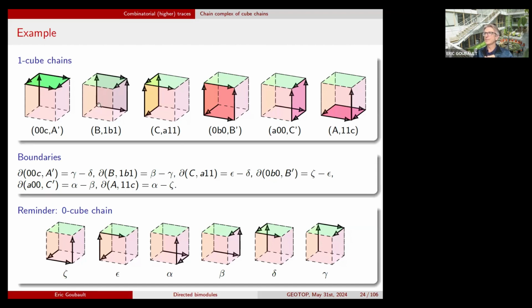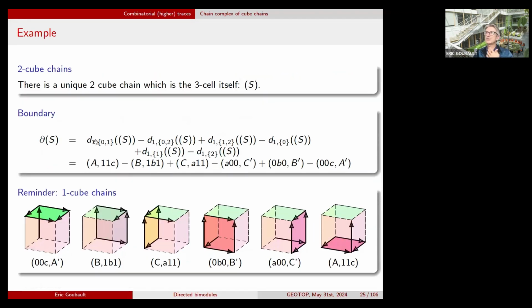You have that square post-composed with that arrow, and so on. So you have all sorts of ways of going around the faces of the cube using this particular combinatorial bypass. And as I've just shown you, for instance, the boundary of this one is just going to be the geometric boundary of the surface. So that directed path minus that directed path, okay?